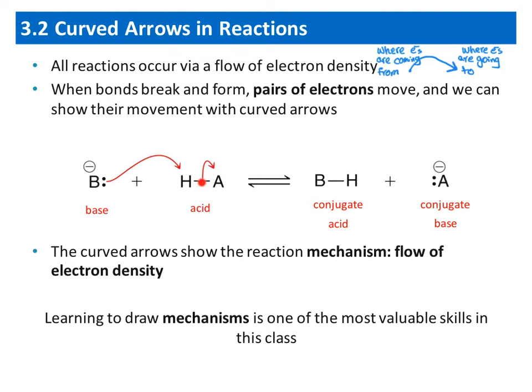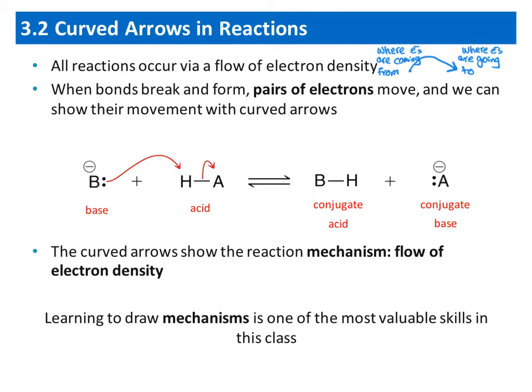And now we know that each bond has 2 electrons, so the electrons in this bond will move to the A atom. So again, the tail of the arrow is in the bond because we have electrons there, to the next atom that can accept the electrons. So as you can see here, we are breaking a single bond in HA and making a new bond to form the BH molecule.